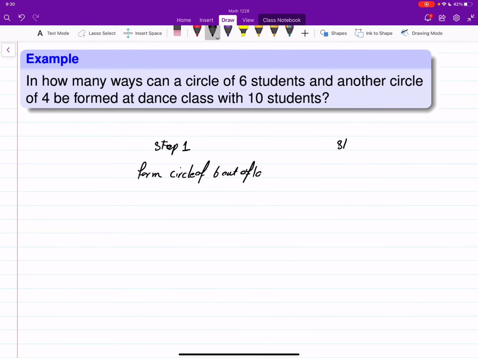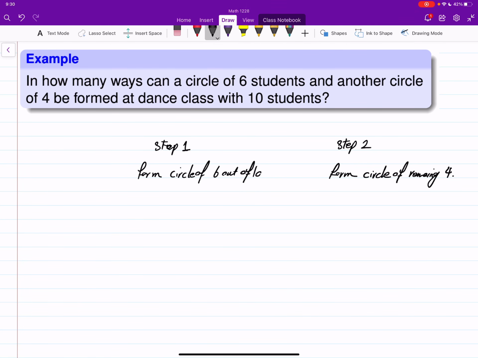Step 2, you have used 6 students, so the remaining is 4. So we want to form a circle of 4 out of the remaining 4.